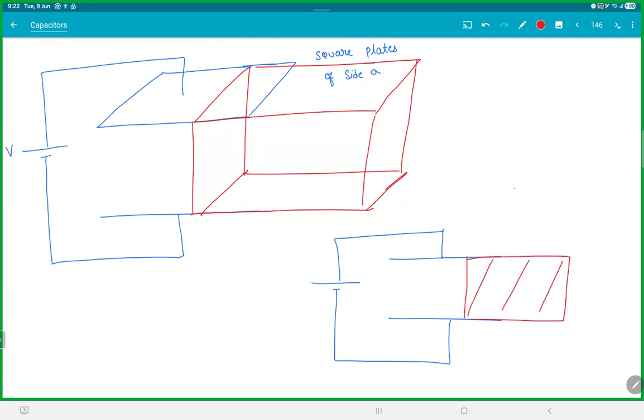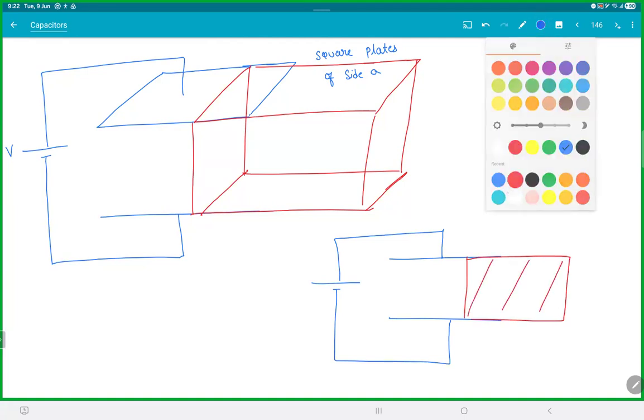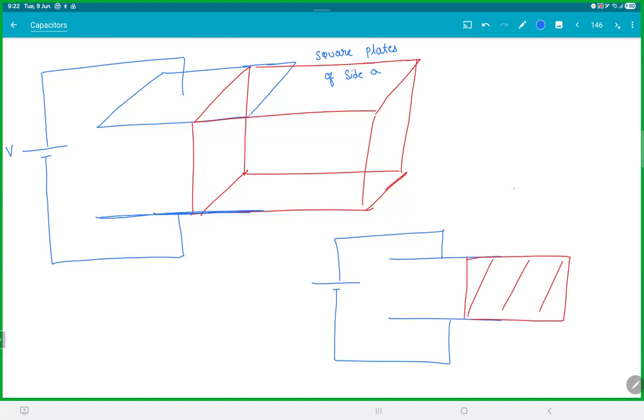The slab has gone like this, so this part of the slab is already inside. The 3D looks a little bad, I guess, but I hope you understood. You're getting how the slab is being pushed inside?